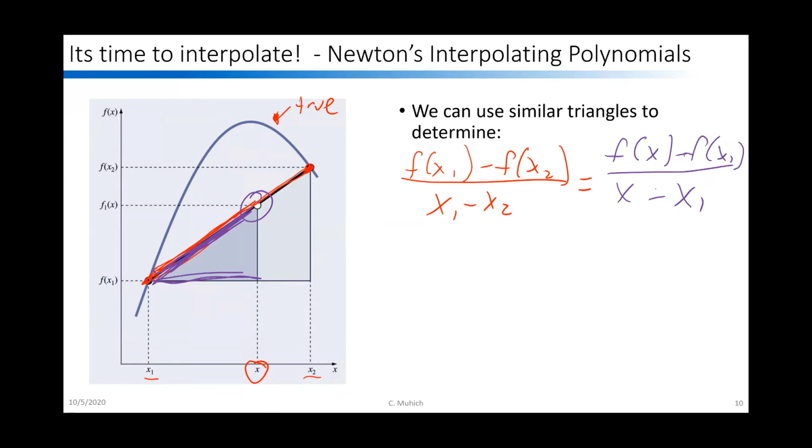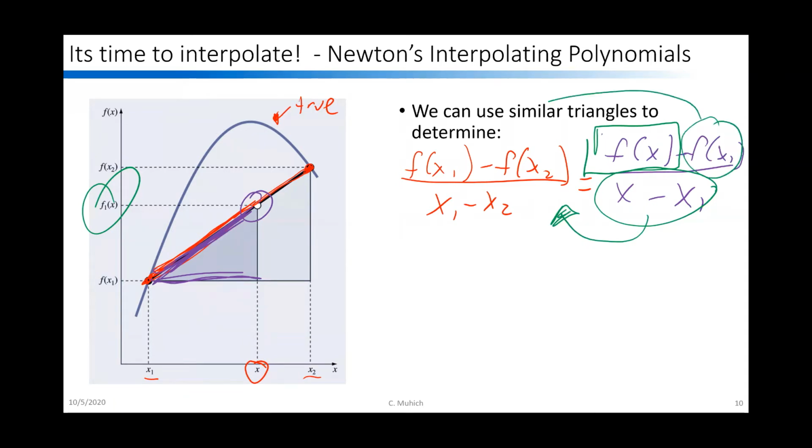So from this, I can rearrange this formula to get this f of x, which is what I'm interested in, all alone, right? I can move this term over by multiplying and then add this to the other side. This is going to give us Newton's interpolation formula.